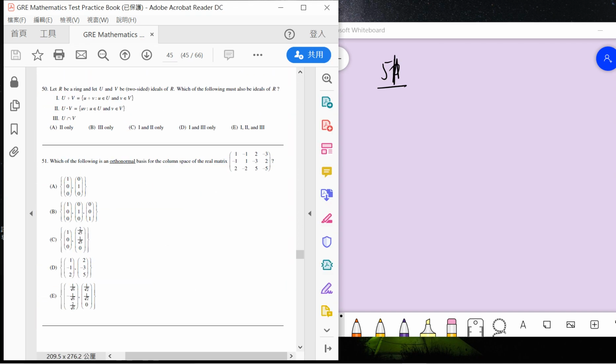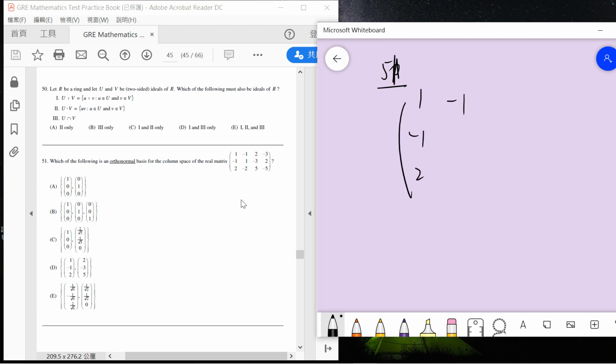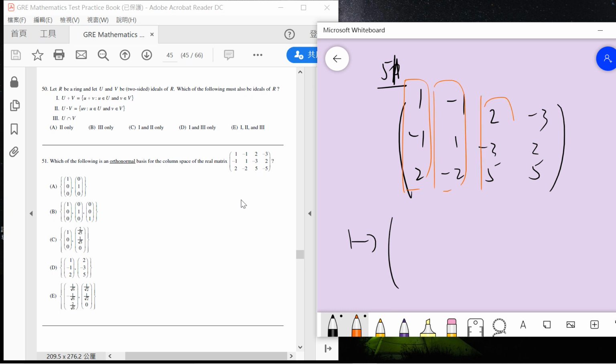This asks for the normal basis for the column space. This is very simple. All you need is to use Gaussian elimination to find the column space.